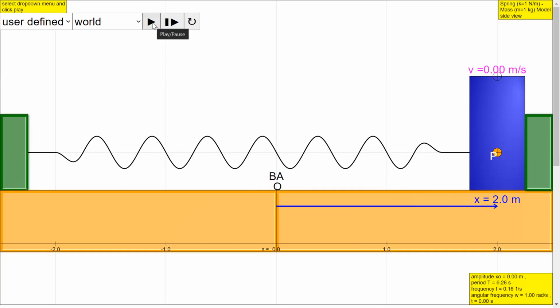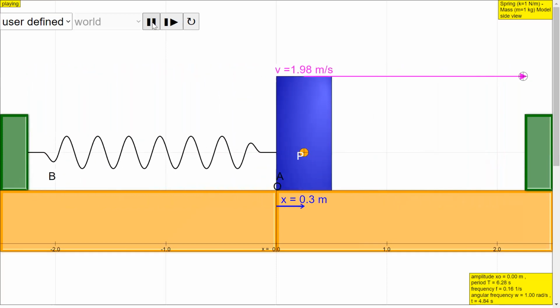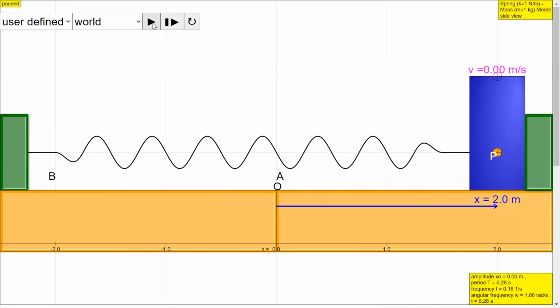Let's try to play the simulation. Okay, and pause. To analyze how oscillation occurs in the system, if we displace the body to the right or to the left, either way, a net force and acceleration are generated. In this case, we moved the body to the right, therefore the force and acceleration will be directed to the left.